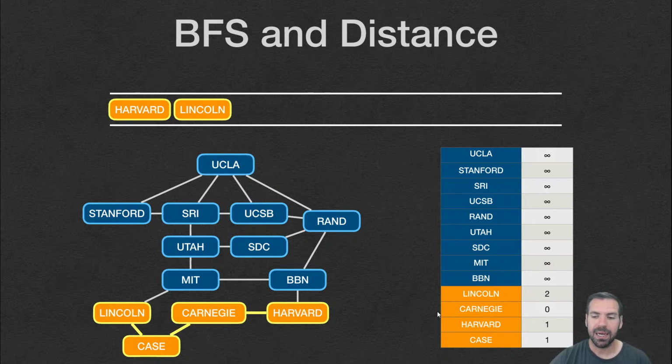So we would be updating Carnegie to 2, which would be wrong, and then we're going to eventually dequeue Carnegie and then enqueue Case again and Harvard again, which will enqueue Carnegie again 2 more times. You're going to go infinite. You're going to get stuck in this loop forever. And since we're not using recursion here, it's not going to blow up your stack either. You're just going to have a program that runs forever.